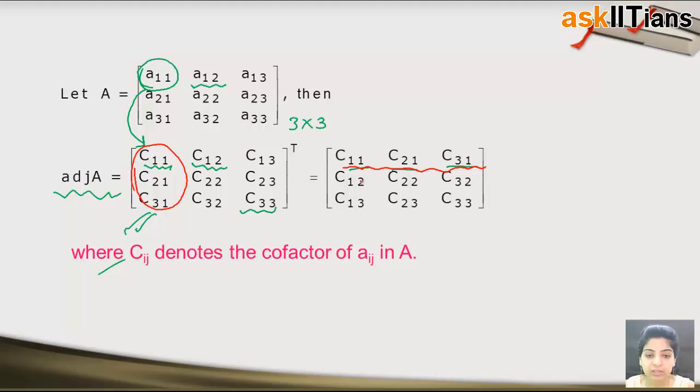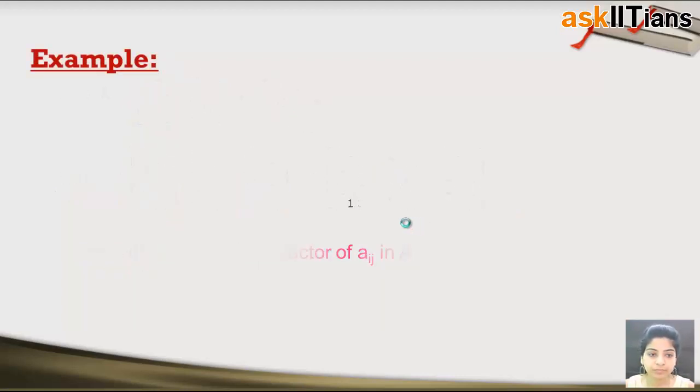Similarly, the second column becomes the second row and the third column becomes the third row. So this is the matrix that we obtain after taking the transpose of the matrix of cofactors of A. This matrix is known as the adjoint of the matrix A. This was quite simple, I suppose. Where Cij denotes the cofactor of Aij, this you already know.